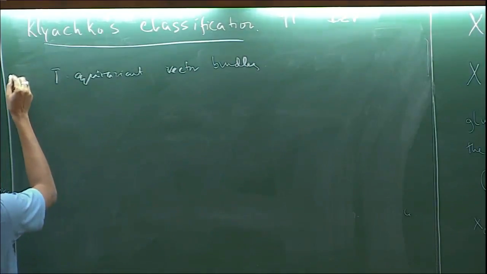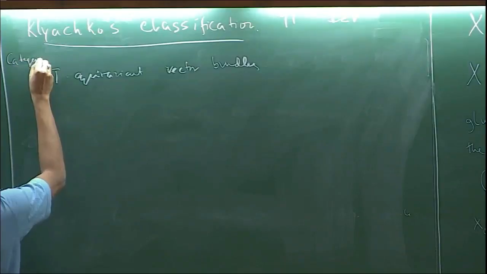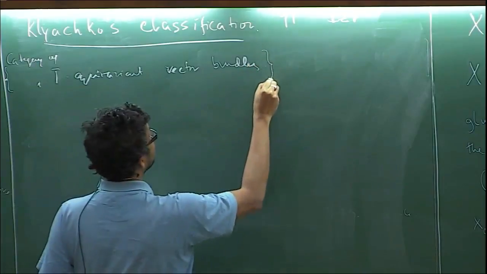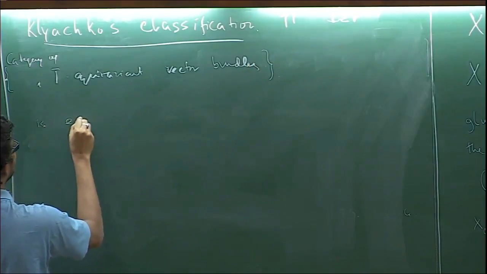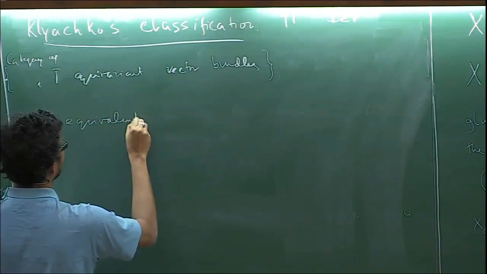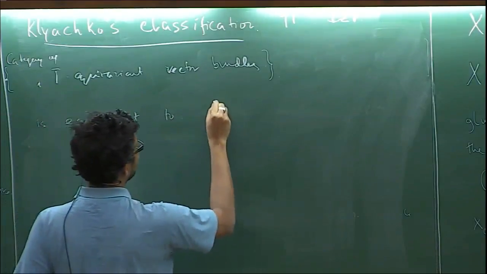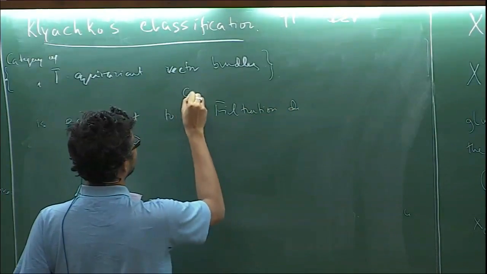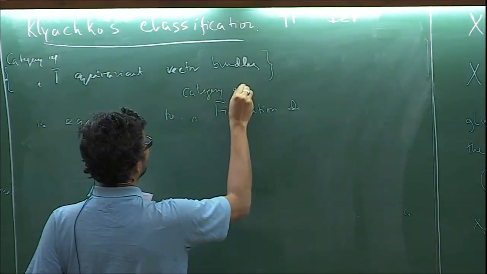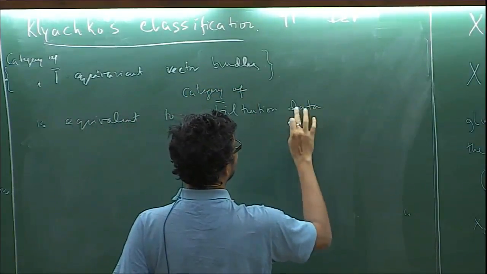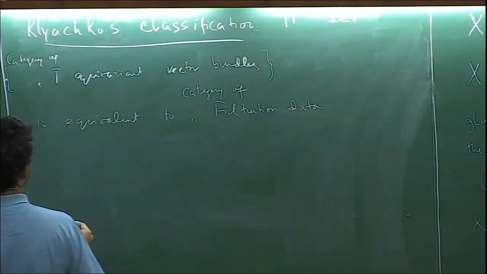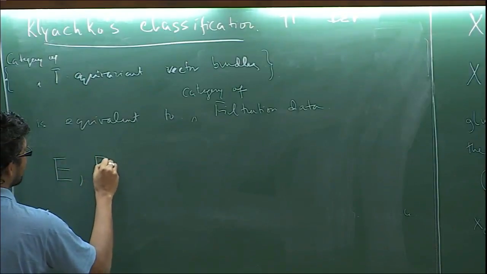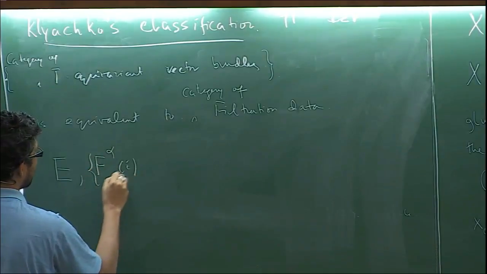If you take the category of T-equivariant vector bundles, this is equivalent to the category of filtration data. So what is a filtration data? Filtration data is E, comma, F^alpha(i), with certain compatibility conditions.